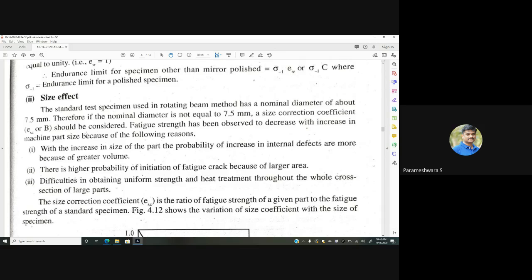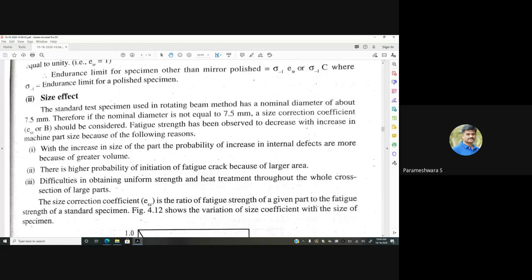And this fatigue strength has been observed to decrease with increase in machine part size because of the following reasons.